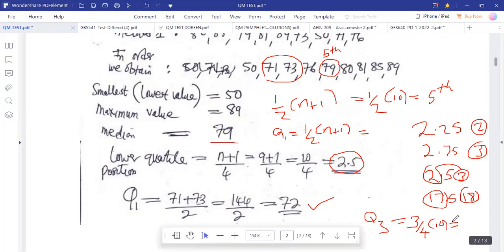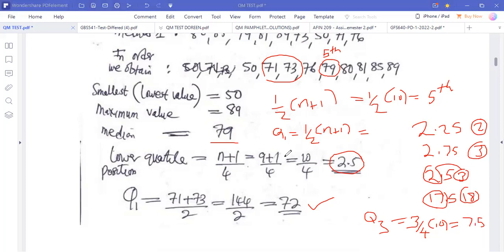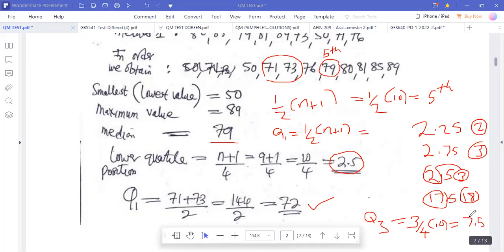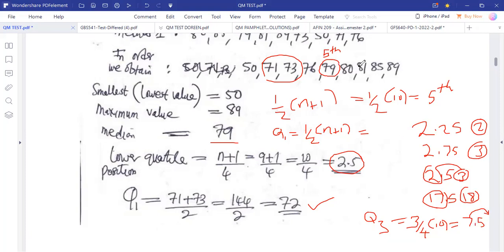7.5. So what do we do? We are going to find the number between 7 and 8. It's the 7th, and the following number is the 8th. So this is 5th, 5, 6, 7, 8.